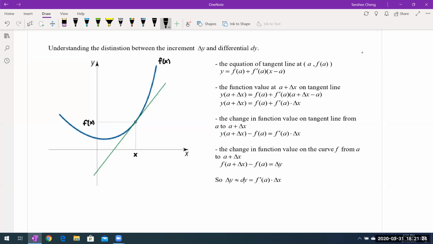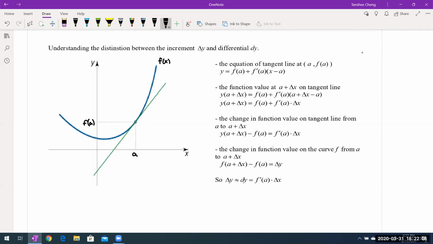And since the function is differentiable at x, we will be able to find the slope of the tangent line at that point, and therefore we can find the equation of the tangent line at this point, which is, oh, I'm using A, so I'm gonna go along with A, okay? So that way everything will be the same. So at A, we will be able to find the slope of the tangent line at A. So therefore we will have an equation of the tangent line at A. The equation of the tangent line is basically y equal to f of A plus f prime of A times x minus A, right? That's the equation of the tangent line right here.